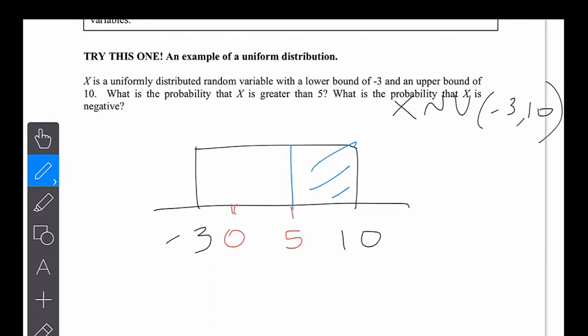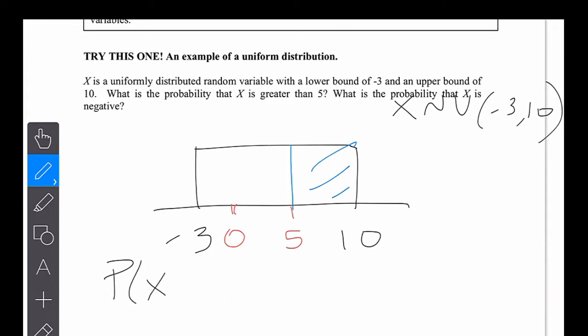So now, referring to the distribution, the probability that x is greater than 5, where x is defined as uniform. You don't have to write it like this. If you just make a drawing for me, I'll be happy.